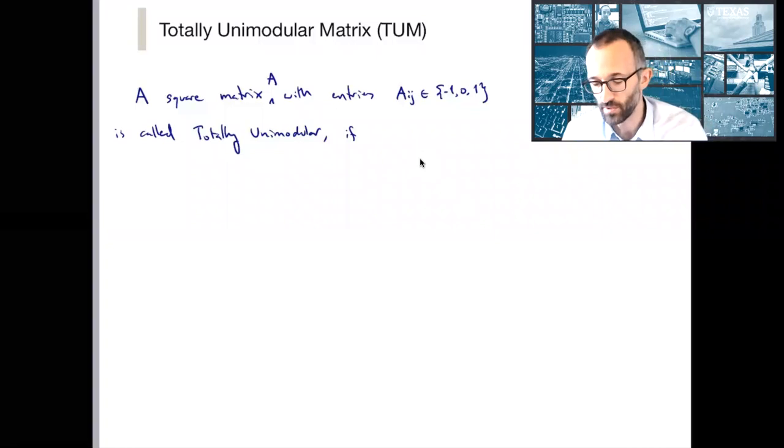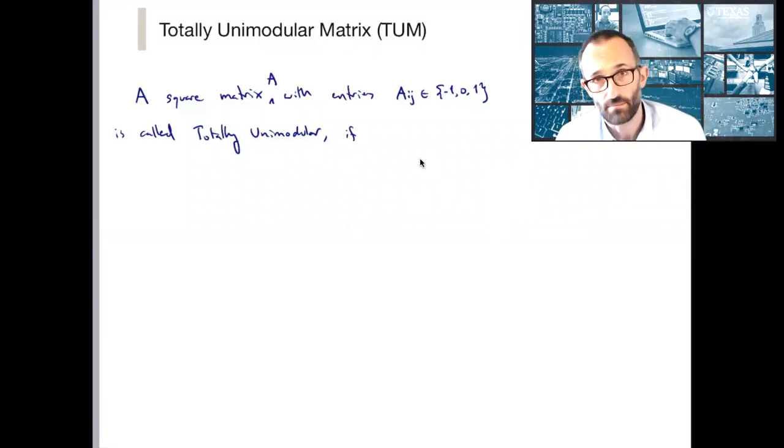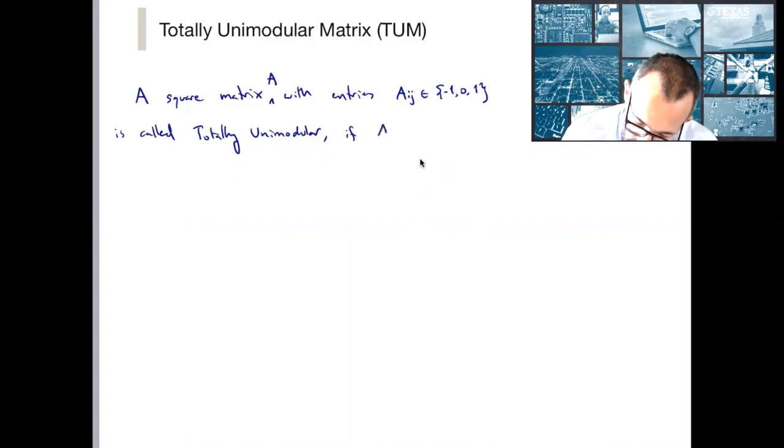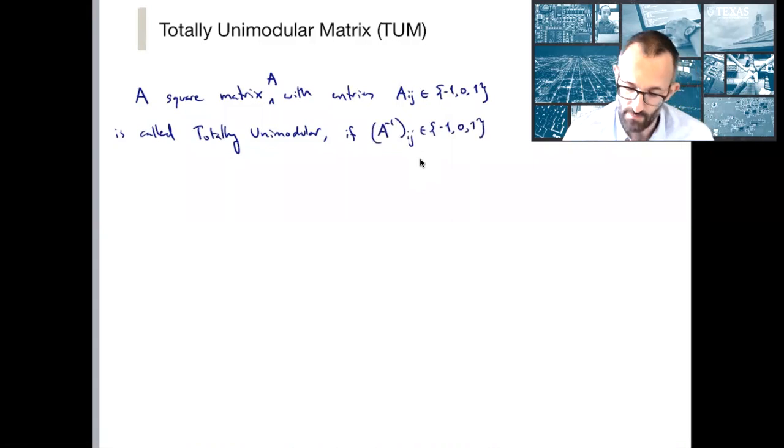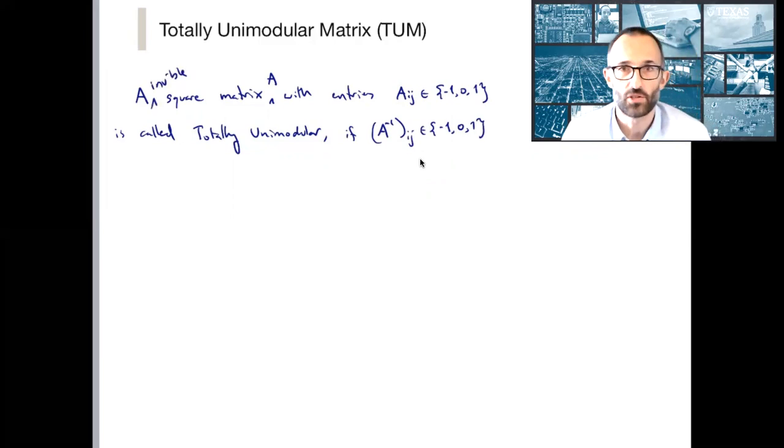In this case, our field is basically integers mod 2. So if A inverse of ij also has entries in -1, 0, 1. So I should say an invertible matrix. So this is one definition.